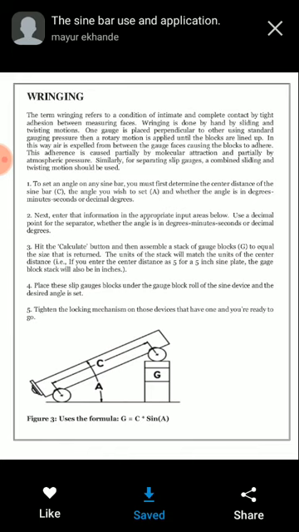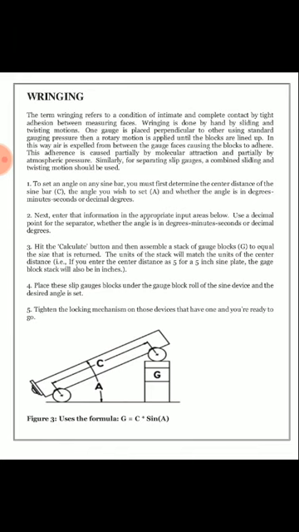Now what is wringing? The term wringing refers to a condition of intimate and complete contact by tight adhesion between measuring faces. Wringing is done by hand with a sliding and twisting motion. One gauge is placed perpendicular to the other using standard gauging pressure. Then a rotary motion is applied until the blocks are lined up.